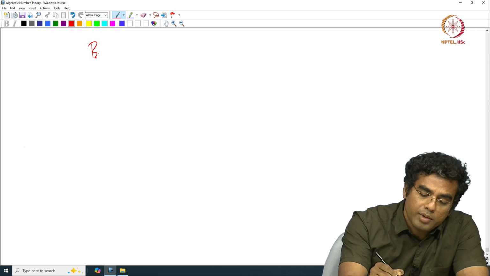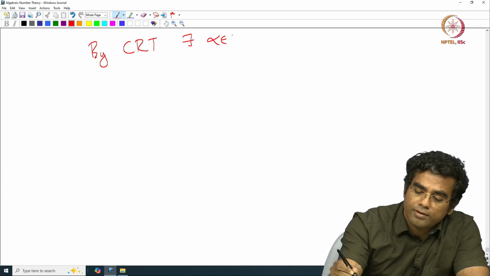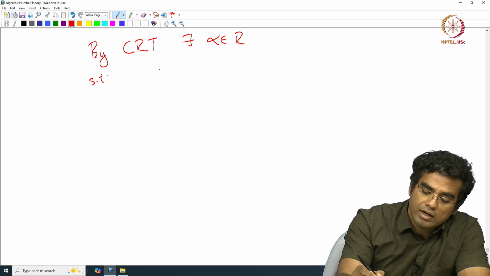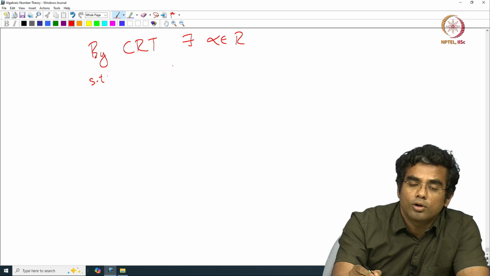So, by Chinese remainder theorem, there exists alpha in R such that it satisfies the following congruences.